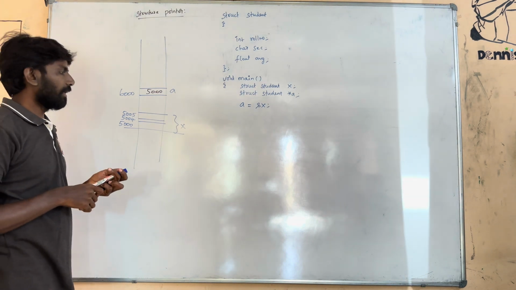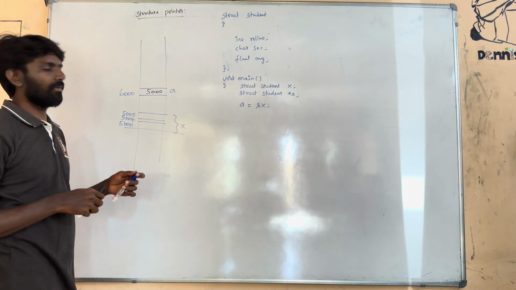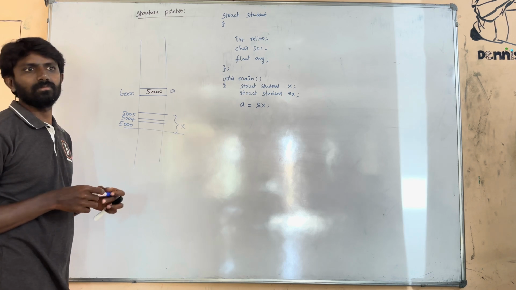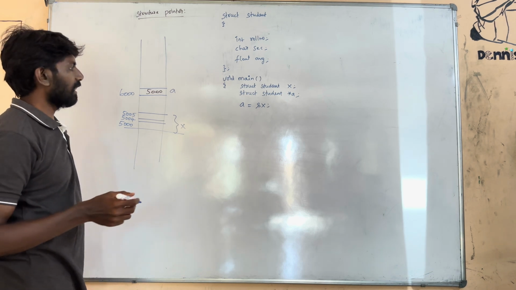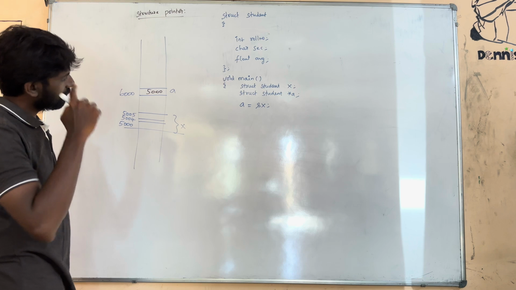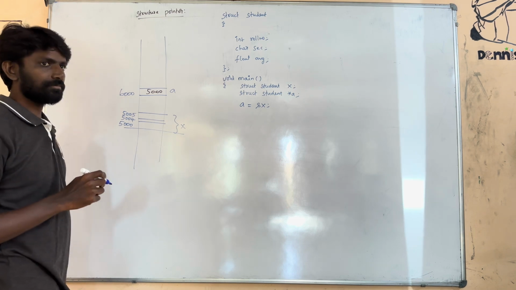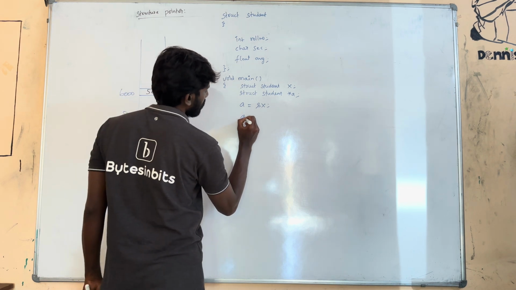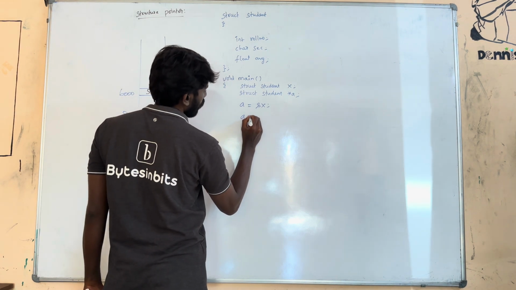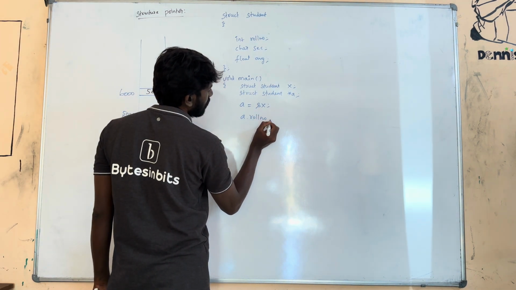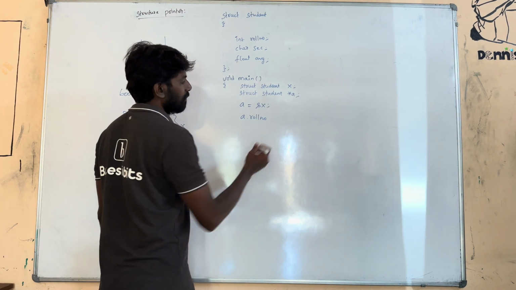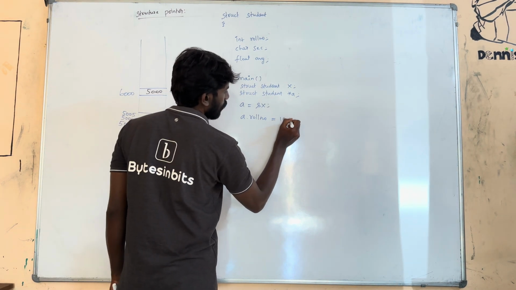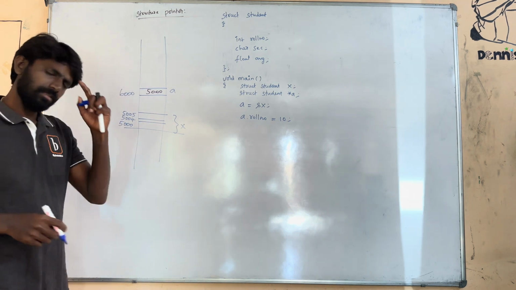Now you try to store the values. How to store the values? A dot roll number equal to, let's take roll number 10. Is this okay?